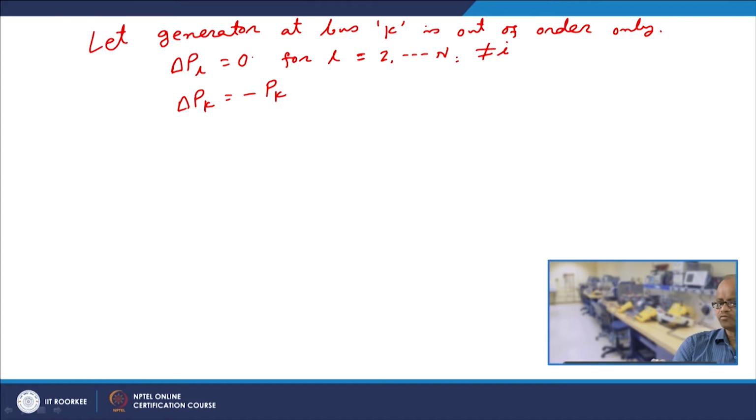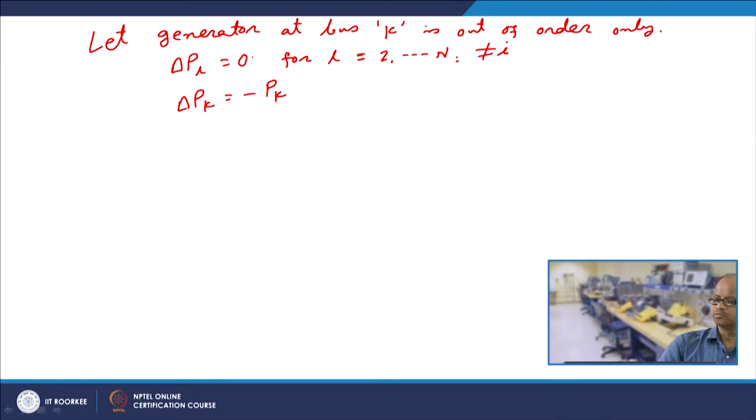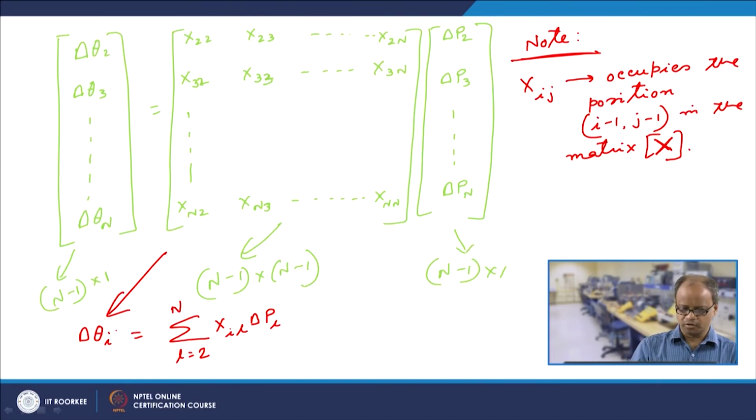From this expression, we can write down that delta theta I would be equal to X I k into delta P k, because if I keep on expanding it, for L equal to 2 to n, only delta P k would be non-zero, but all the other delta P L would be 0.